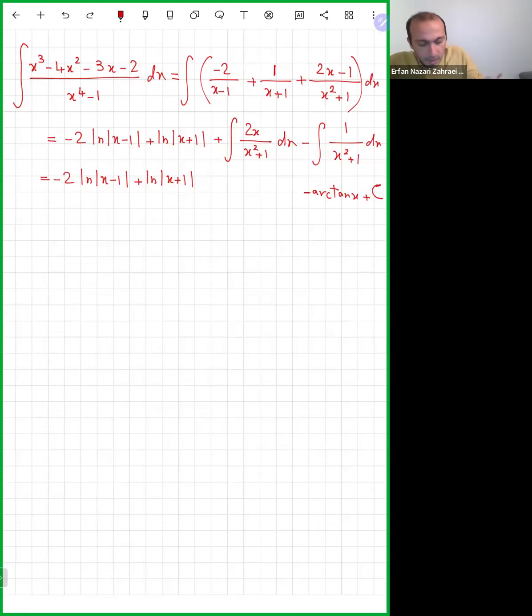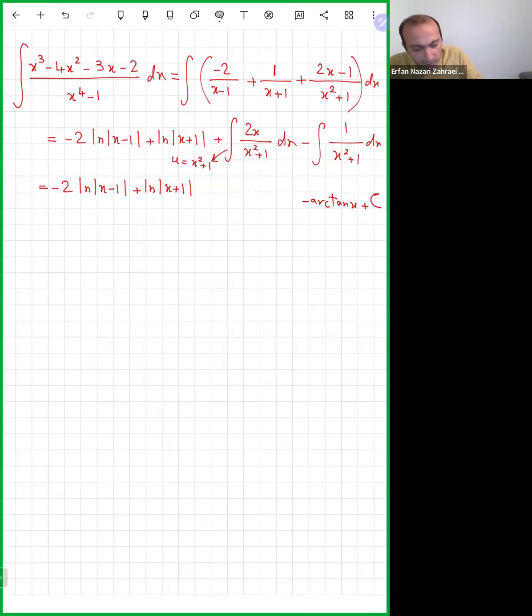What about this term? You need a substitution in this integral. u equals x squared plus 1. I will skip the intermediate steps, but that's u. This is du.